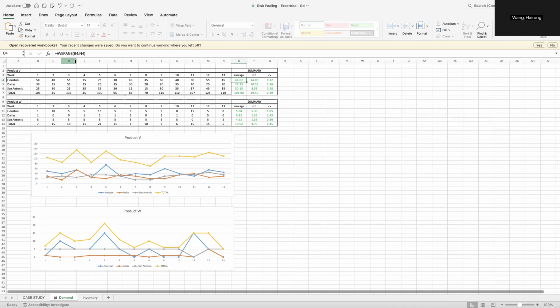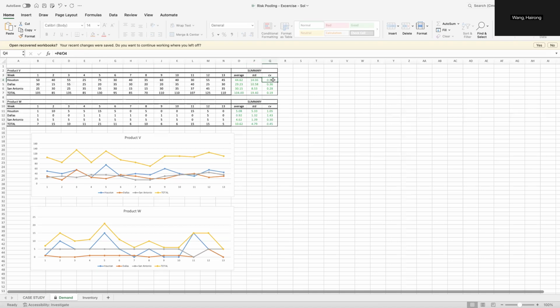Using the formula here, we can get the average demand for the 13 weeks, right? And then for the standard deviation, we calculate the standard deviation for each location over the 13 weeks. Then we can get the standard deviation of the demand for each location and for each product.